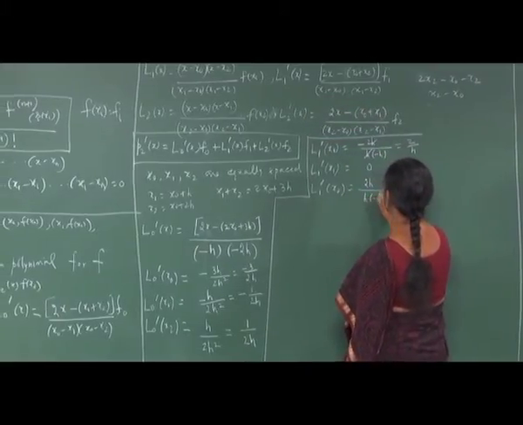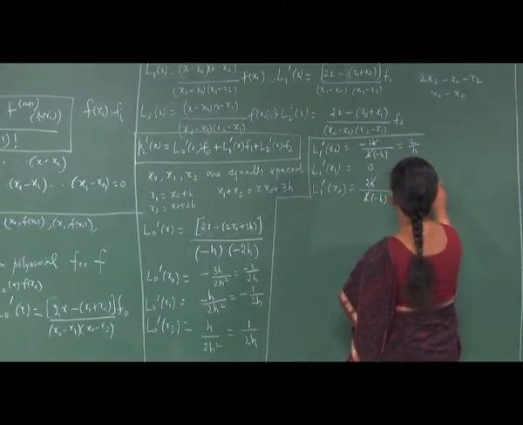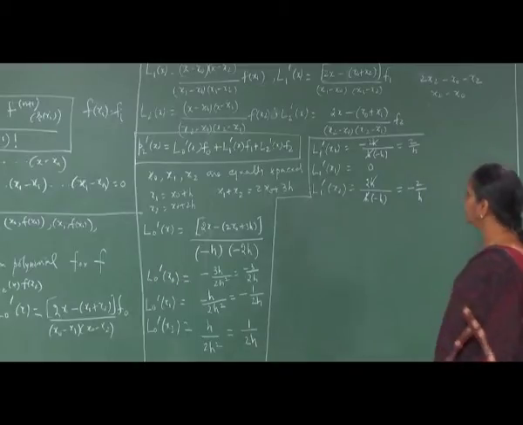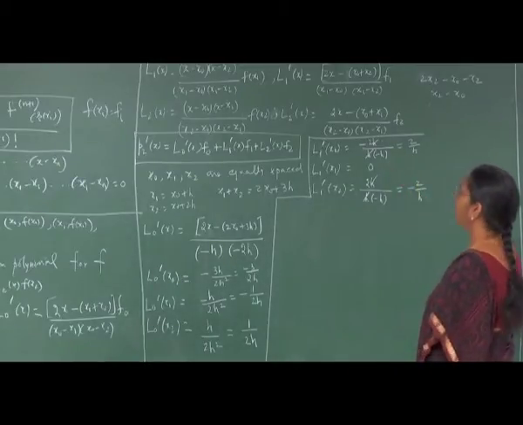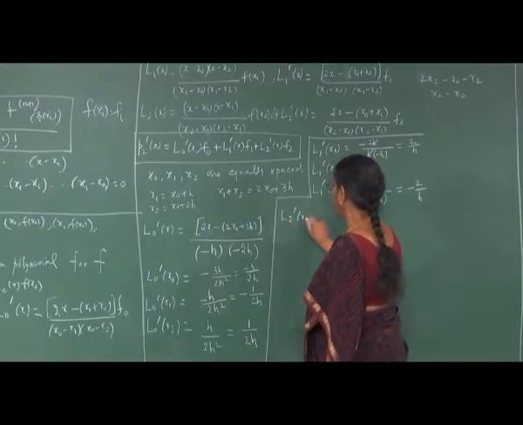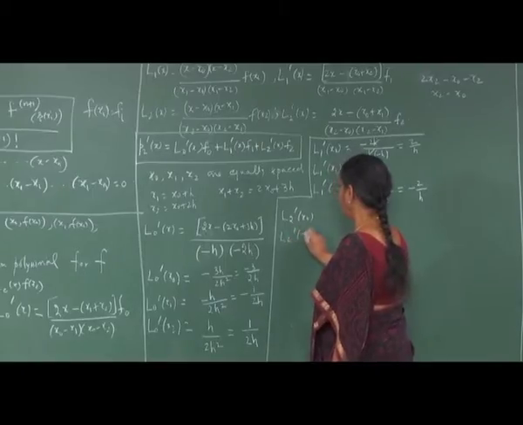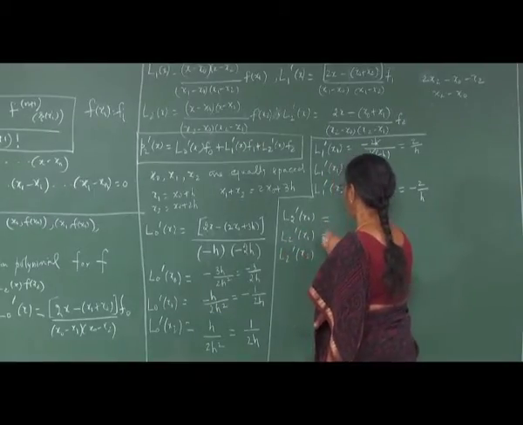That will give you minus 2 by h. So, the derivatives are also computed at the node points for L1. Now we require L2 dashed at x naught, L2 dashed at x1 and L2 dashed at x2.